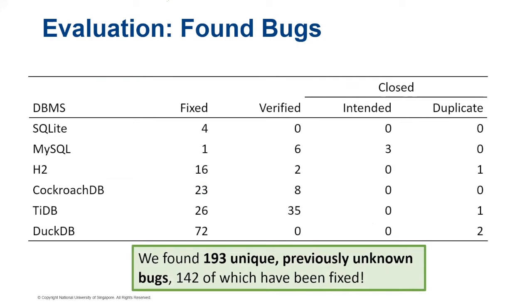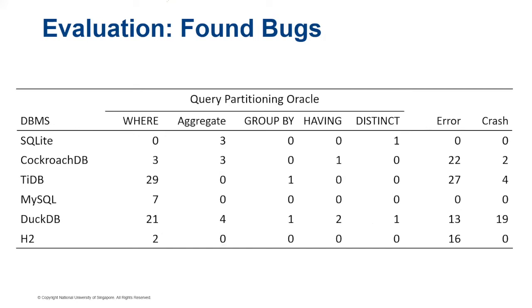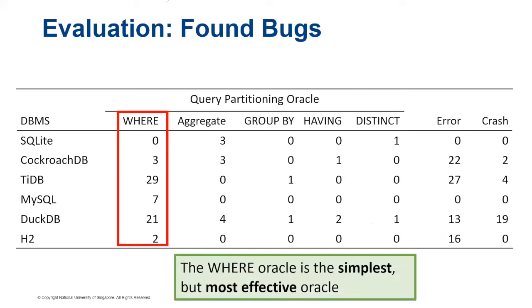And after we reported these bugs, the majority of those had already been fixed or were fixed after we reported them. So I think now the percentage would even be higher than this. If we look at the test oracle that allowed us to find these bugs, then we can see that the where test oracle is not only the simplest one on a conceptual level, but also actually the most effective one.